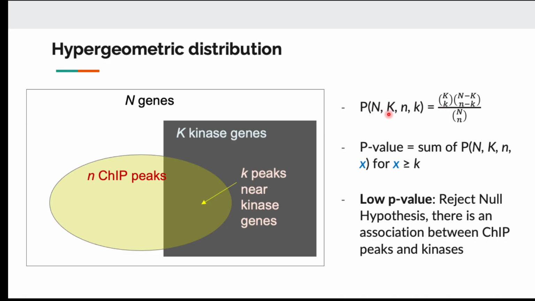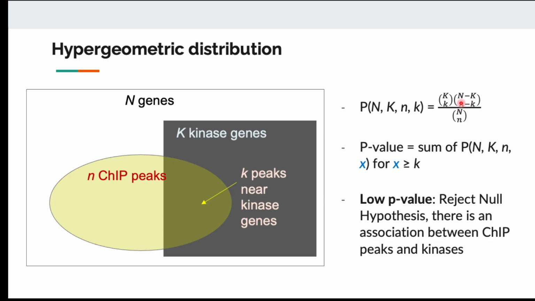And the idea behind the hypergeometric distribution is the number of ways that we can observe this experimental data, where we see a certain number of ChIP-seq peaks, and some of them being near kinases. The number of ways that we can see this observation is we need to pick some kinases out of this gray box, a certain number of kinases. We have to pick some of them to be near the ChIP-seq peaks.